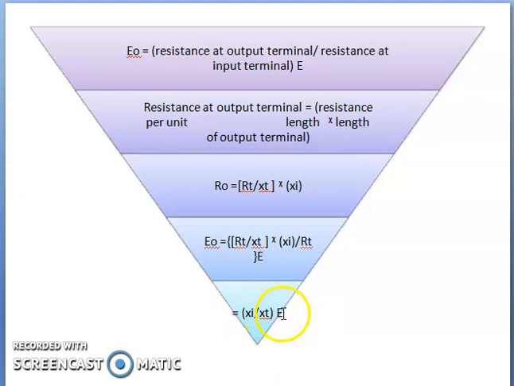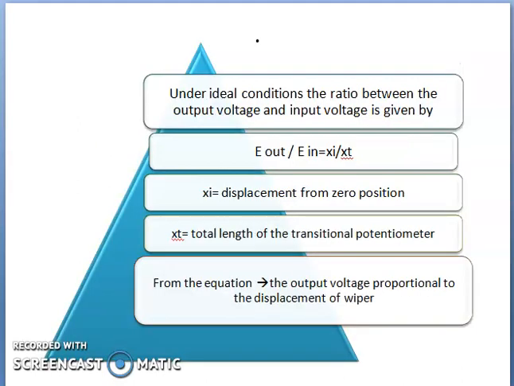Here E is a constant voltage and Xt, the length of the potentiometer, is also constant. Now we can say that E0 is directly proportional to the displacement of the wiper movement. Now, concluding, under the ideal condition, the ratio between the output voltage and input voltage is given by E0 by E is equal to Xi by Xt, where Xi is the displacement from the 0th position and Xt is the total length of the translation potentiometer.